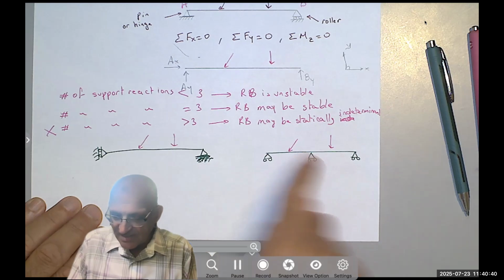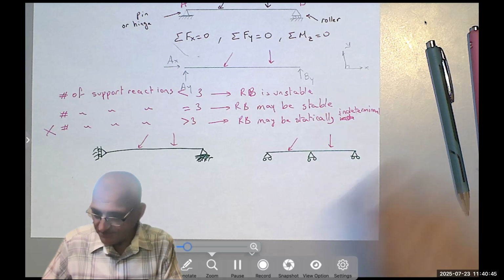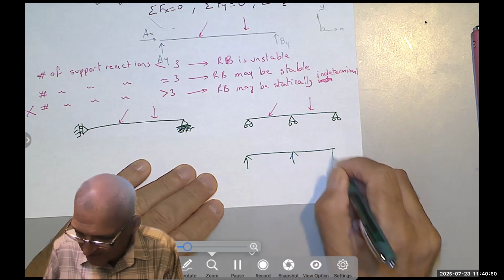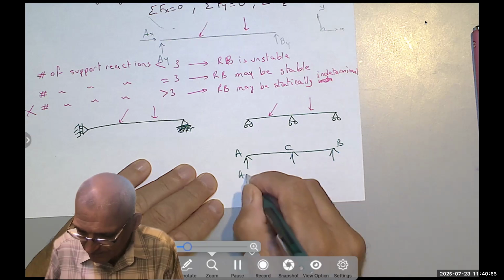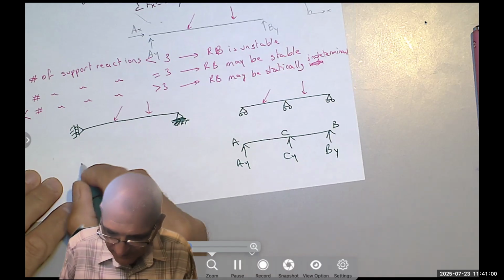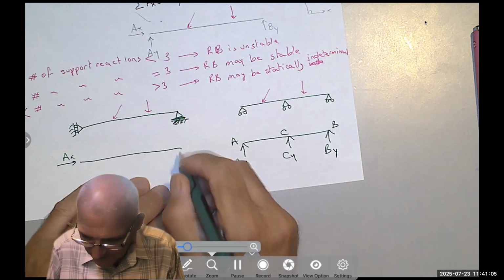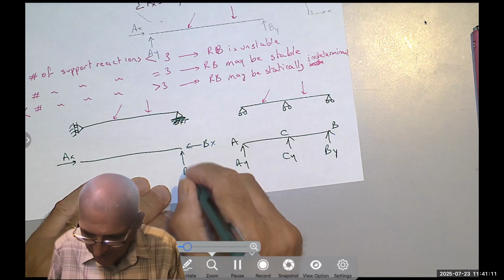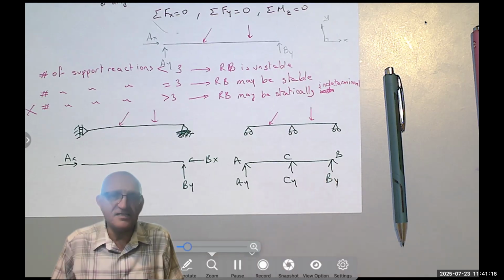So what do you notice about these two cases? I have three component reactions. Here is the first: AY, BY, CY. Here, I have AX, I have BX, and I have BY. What do you notice about these two cases? This one is easy.